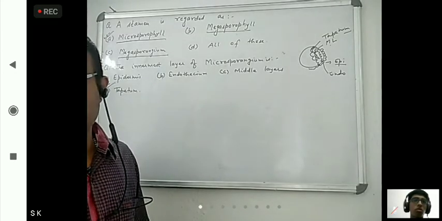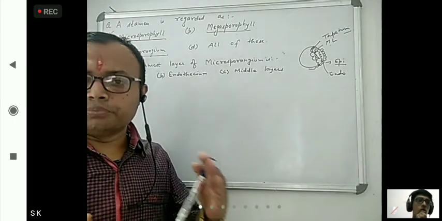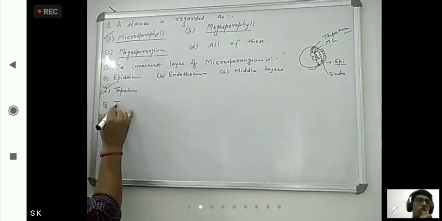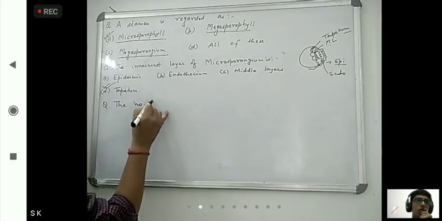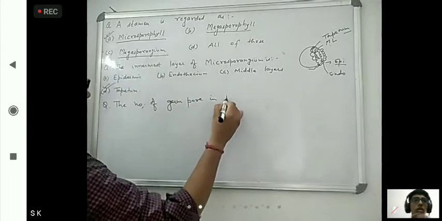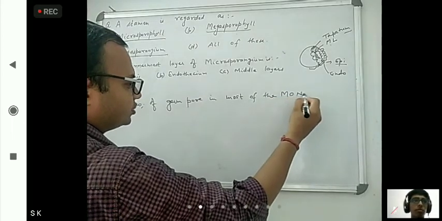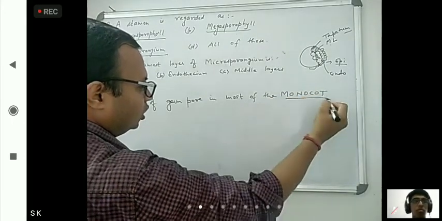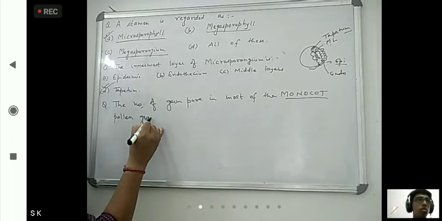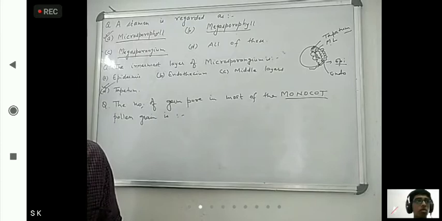So next question is: the number of germ pores in most of the monocot pollen grain is. Please put emphasis on it, it is asking about monocot pollen grain. Yes, tell me what will the answer?